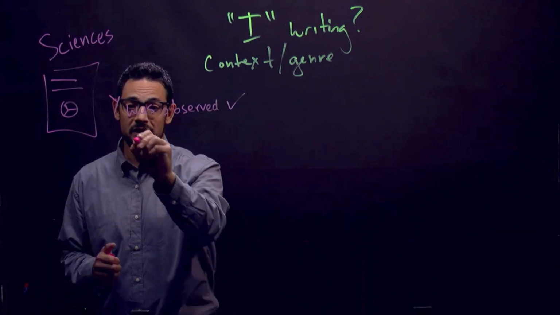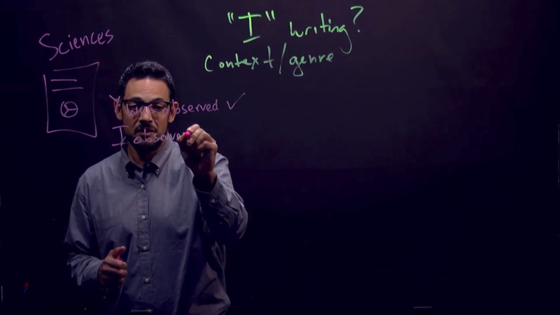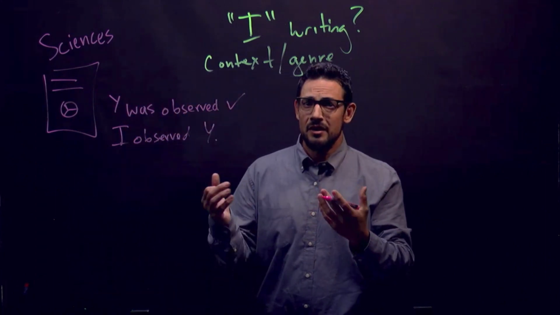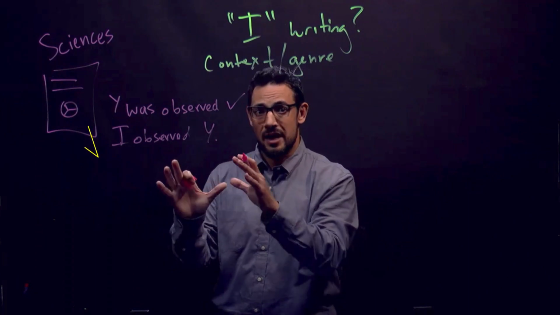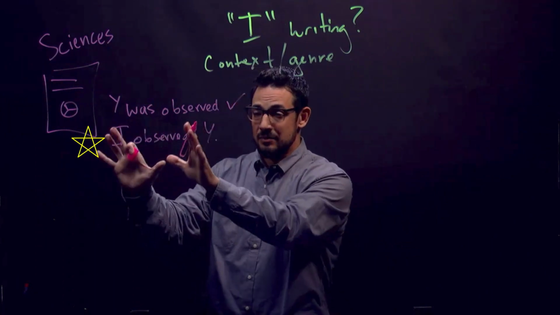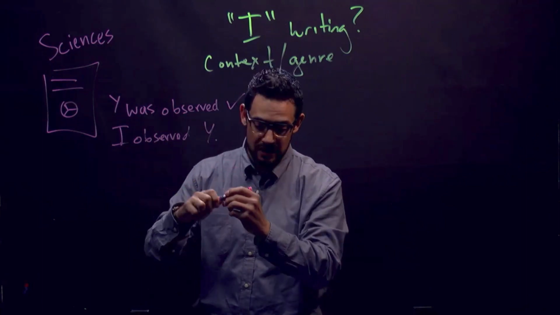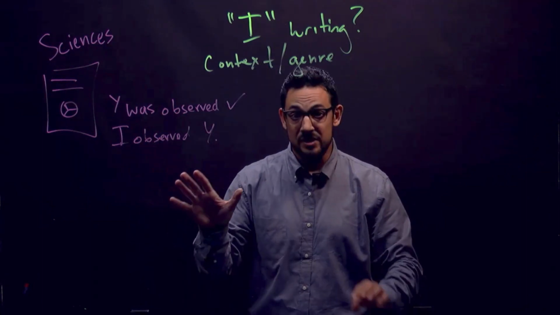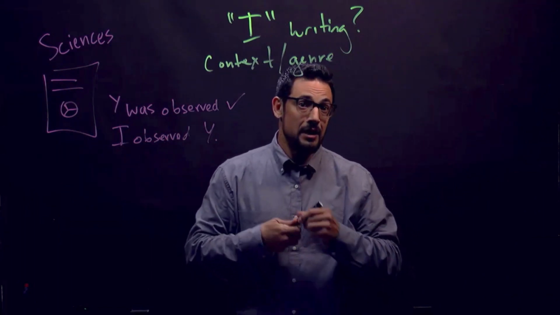What they don't want to hear is "I observed Y." They do this in order to sound more detached from what's happening in the writing and to put it on the objects and the subject of what's being experimented on. In this case, we see a clear, obvious reason not to use "I" in writing.